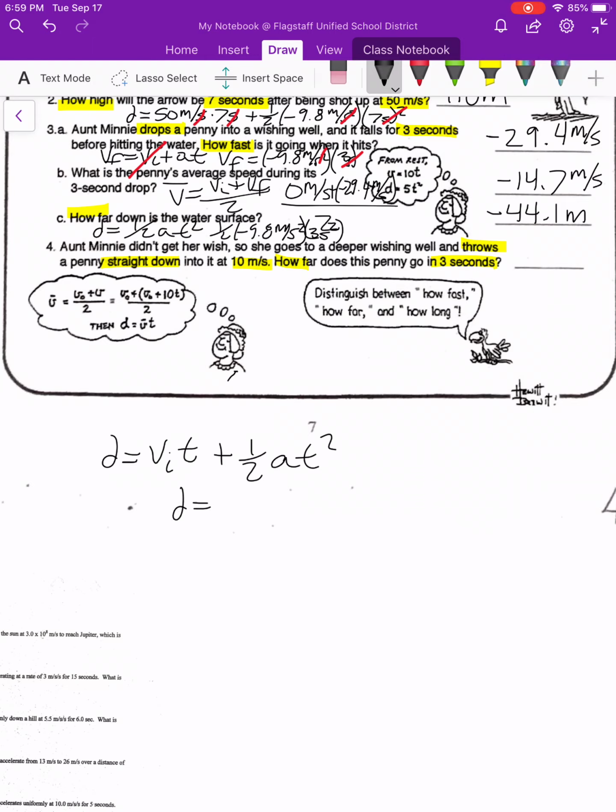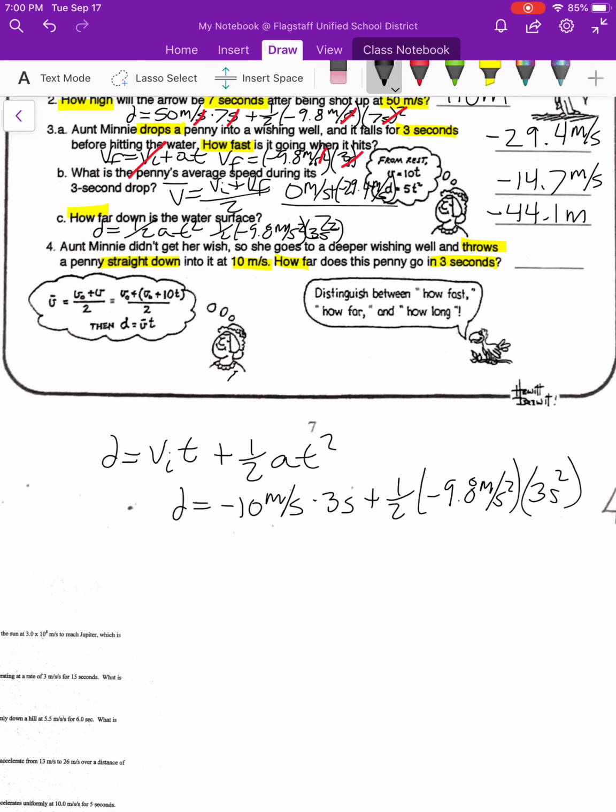Okay, so using the information, D is equal to my initial velocity is 10 meters per second, right? And it should be what? Negative, right? Because it's straight down. Negative 10 meters per second times how many seconds? 3 seconds times 3 seconds plus 1/2 times negative 9.8 meters per second squared times 3 seconds squared.